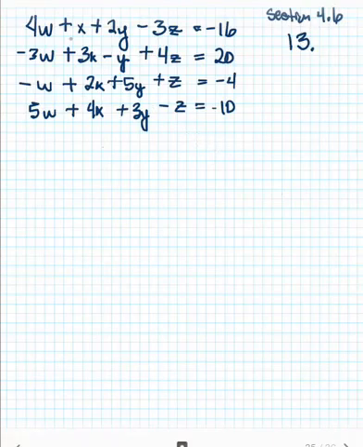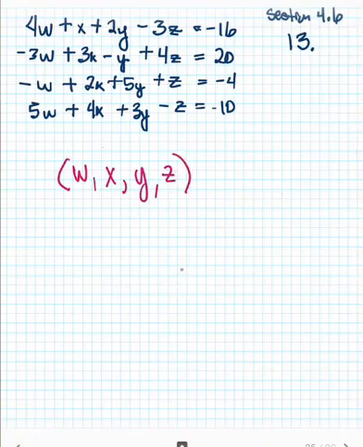But what I'm going to do here, first of all, let me think about what's happening here. This is four variables, right? And the solution is going to be a four-tuple: W, X, Y, Z. So it's not going to be in 3 dimensions.